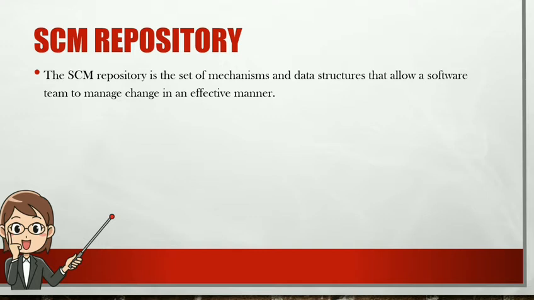The baseline is an SCM concept that helps in the development process without affecting much the schedule and the control of the changes. So an SCI, that is a software configuration item, is a document or program component which plays an important role in the SCM repository.